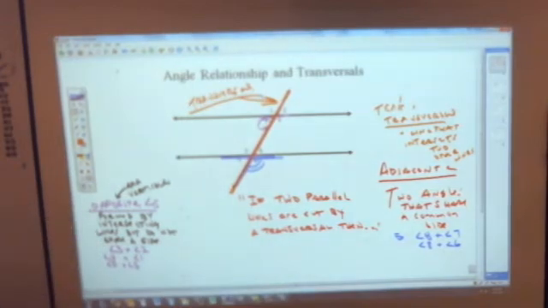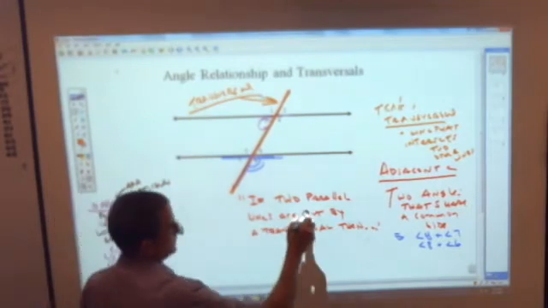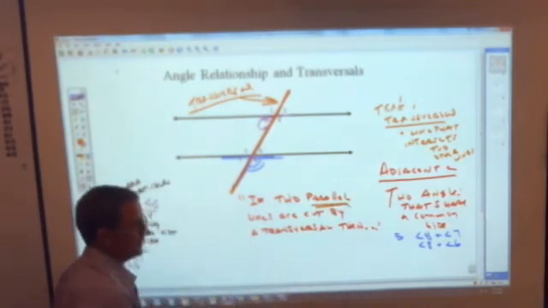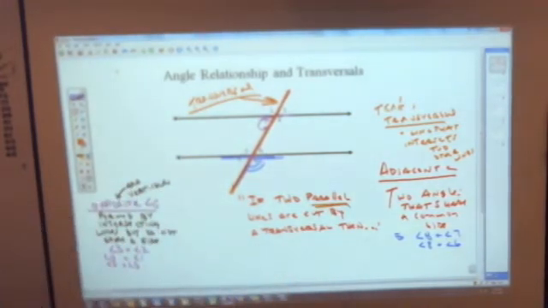Not only does it intersect two lines, but in this case it intersects two parallel lines, and that is important.